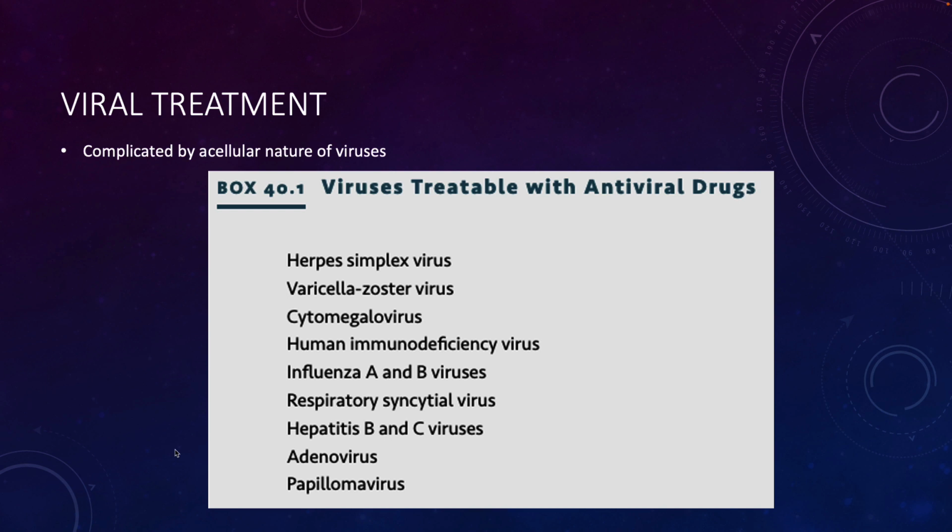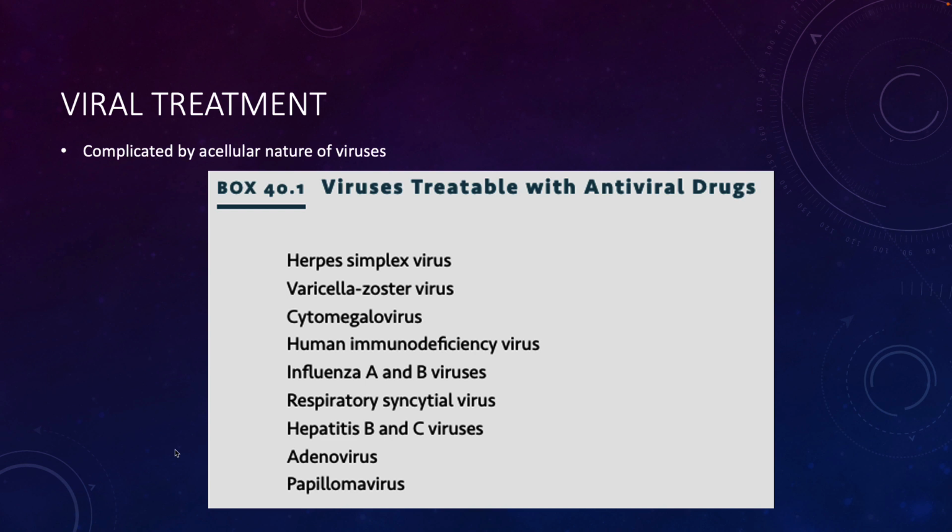In terms of viral treatment, treating viruses is a lot more difficult than treating bacterial infections because viruses take over host cell machinery. So in order to stop a virus, you often are stopping the host cell.